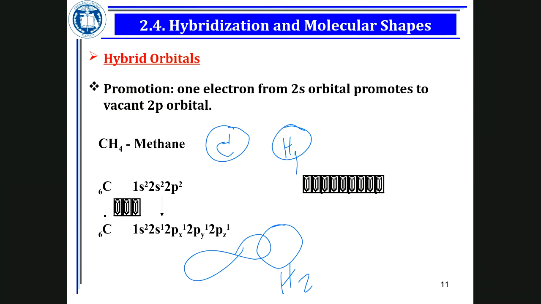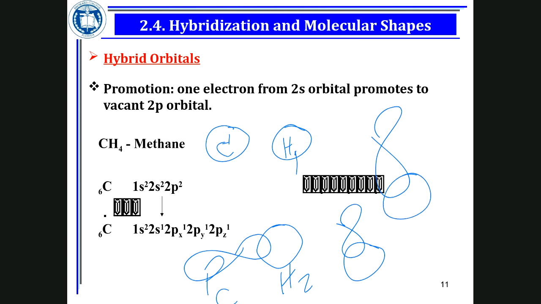Another p orbital from carbon and the s orbital from hydrogen, and the third p orbital from carbon and the s orbital from hydrogen.